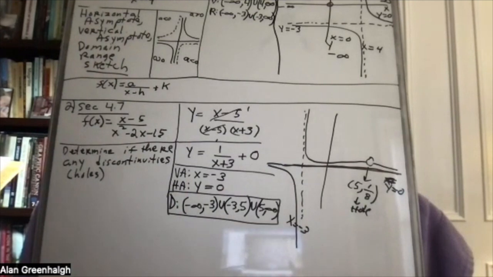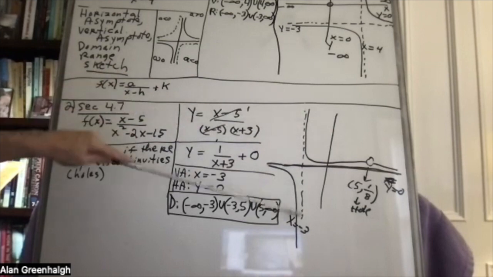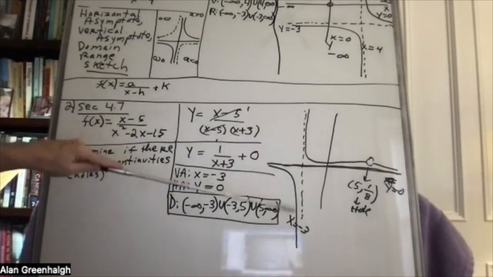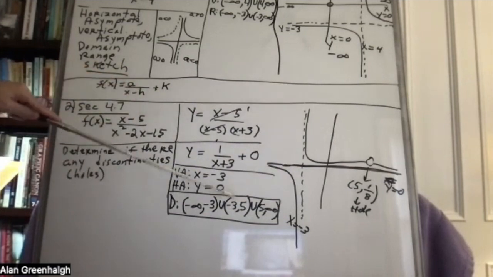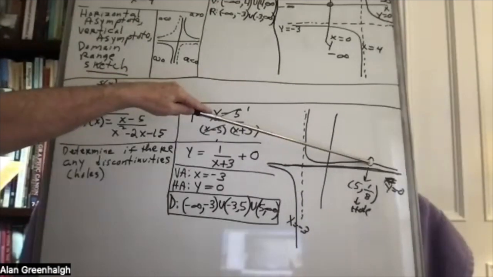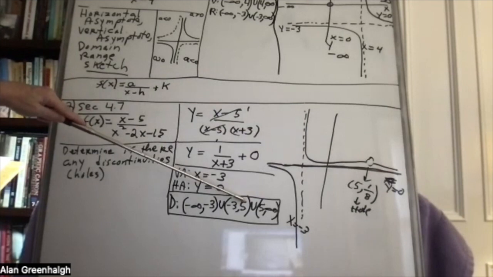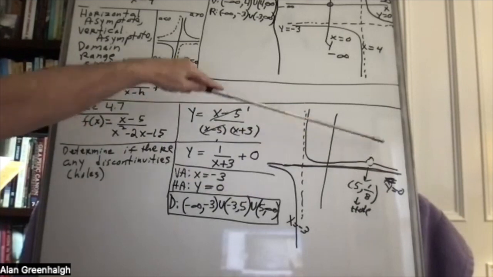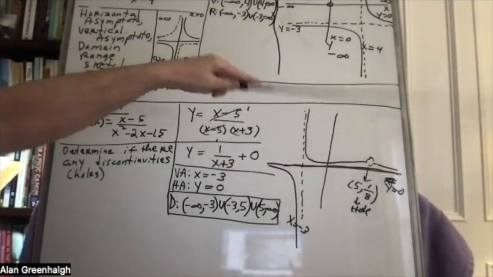Again, remember, the domain goes along the x-axis. It's from -infinity to the vertical asymptote, -3, and then it stops there, and it picks up on the other side, but it doesn't go all the way out to infinity as the previous problem did. It stops at 5, and then picks up again on the other side of that, and goes from there all the way out to infinity.